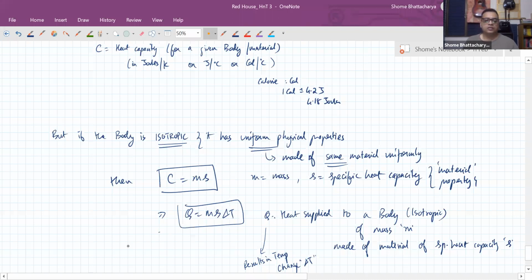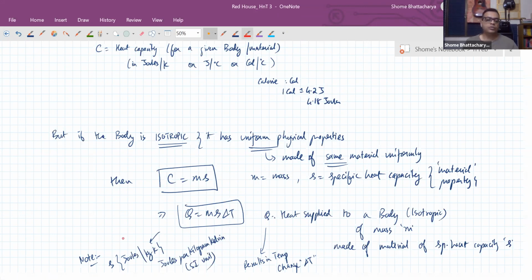Okay, so S is measured in joules per kilogram Kelvin. Okay, that is the SI unit.